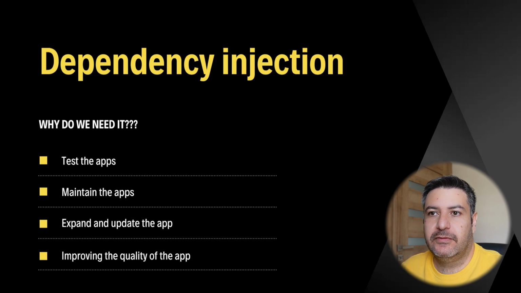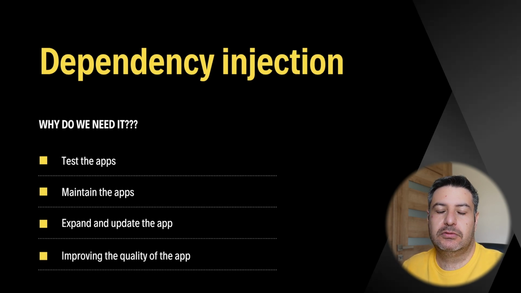First of all, let's see why we need dependency injection. The main purpose of using dependency injection is to make our application testable. Dependency injection will give us some points in our application where we can provide our fake data and see if the application works properly or not.